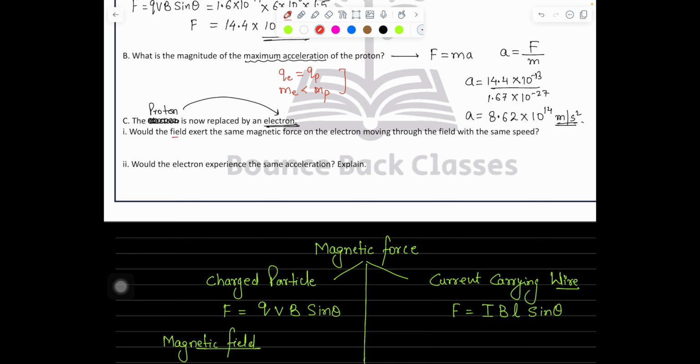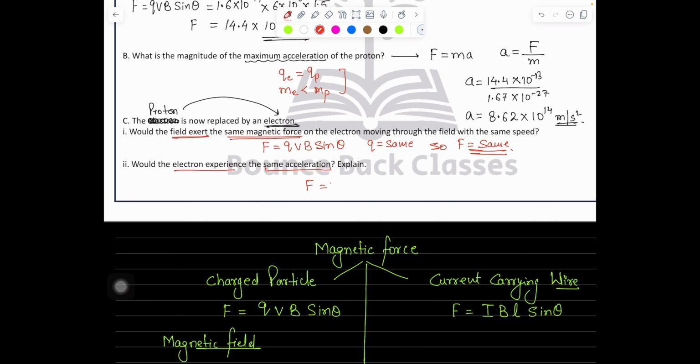Would the field exert the same magnetic force? F is equal to QVB sine of theta. Q is the same because charge is the same, so force is the same. Clear? Would the electron experience the same acceleration?